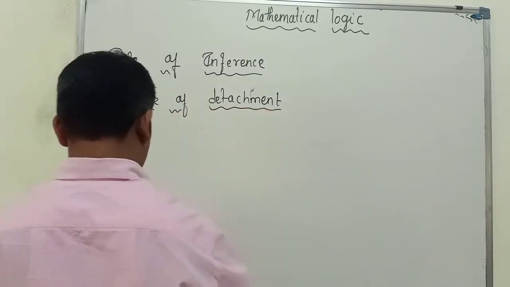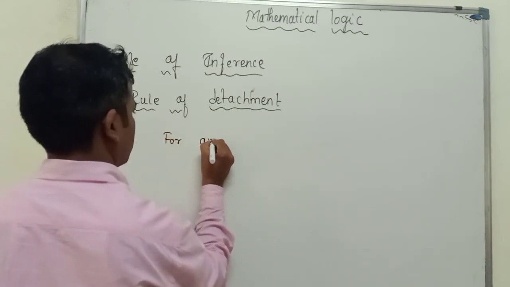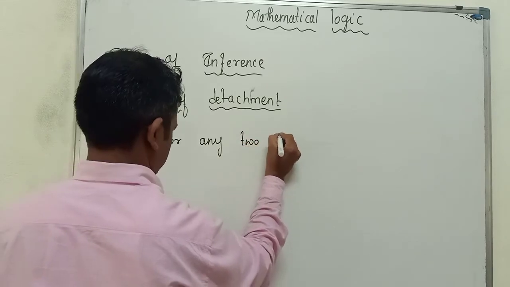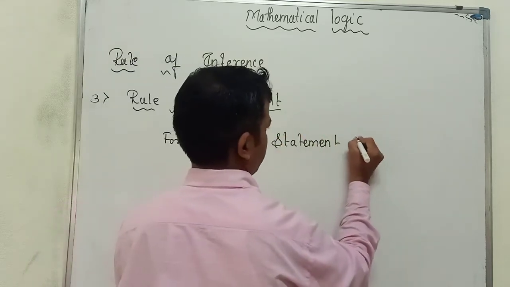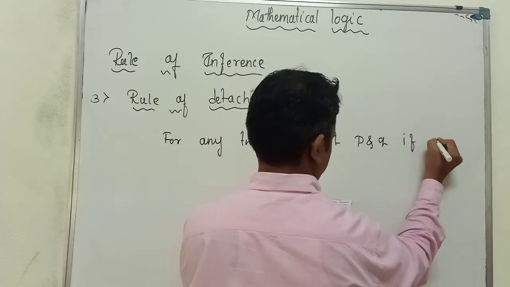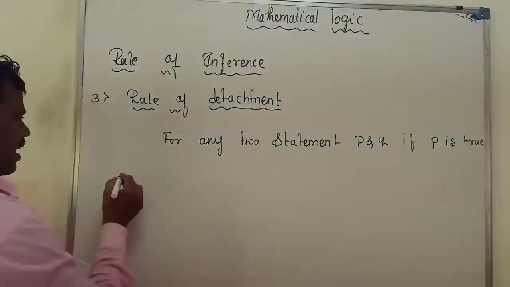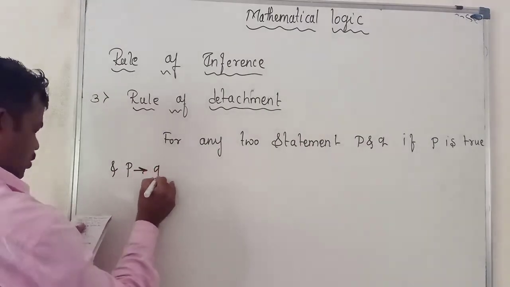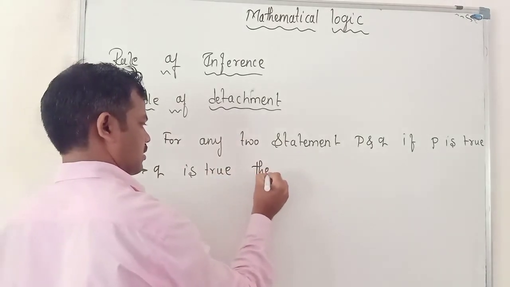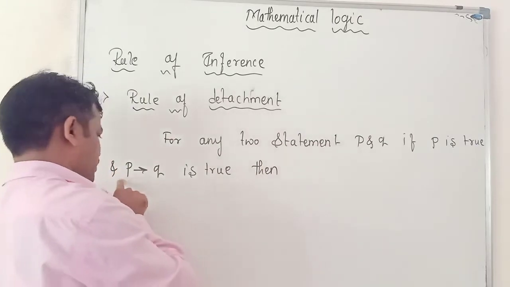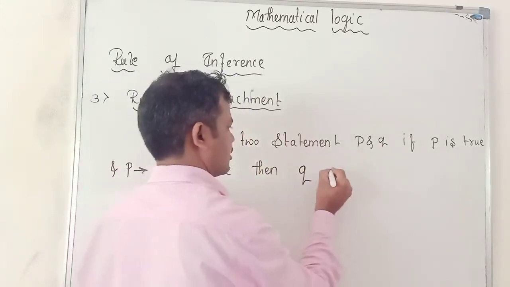For any two statements P and Q, if P is true and P conditional Q is true, then Q is true.